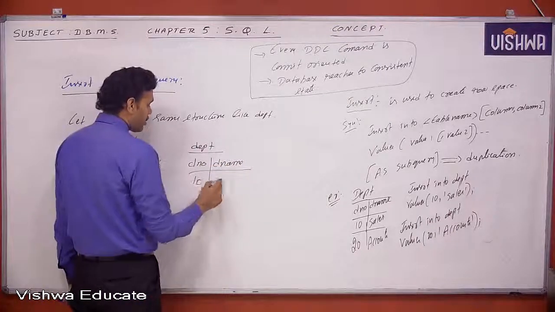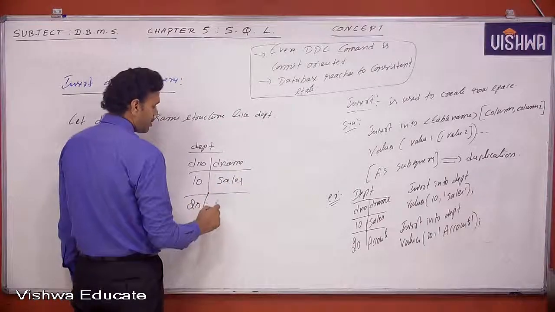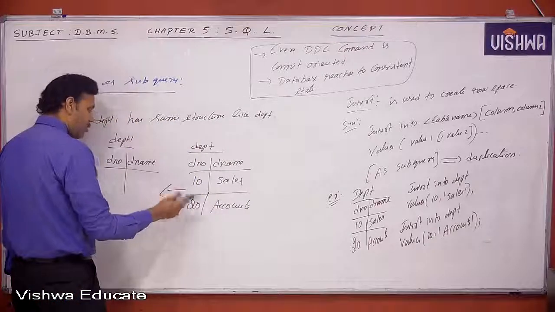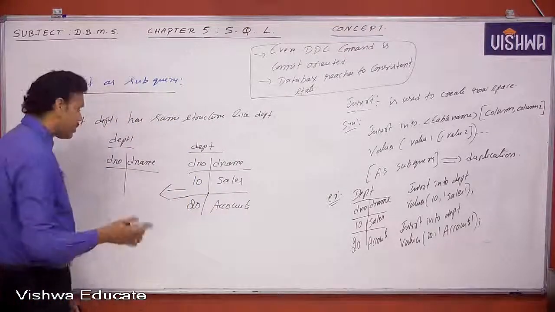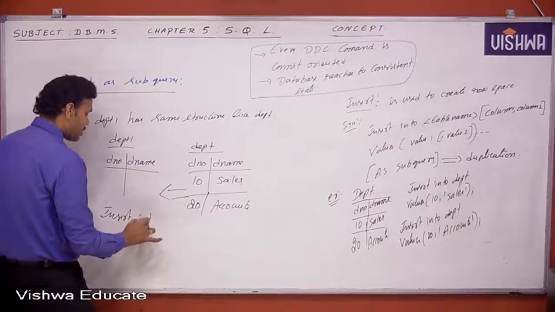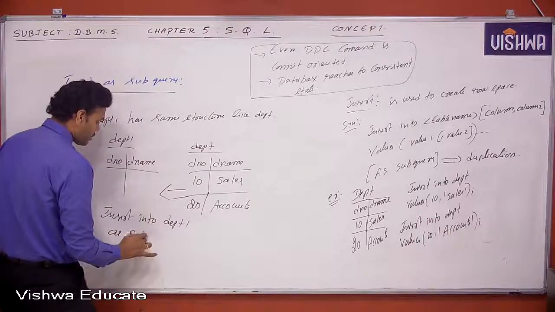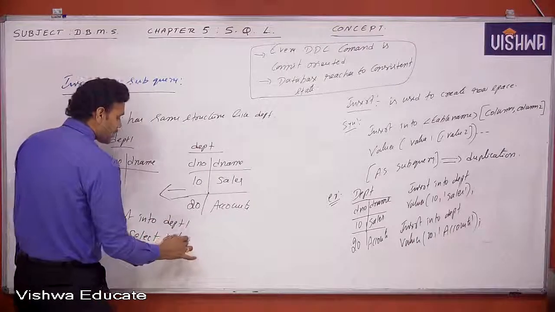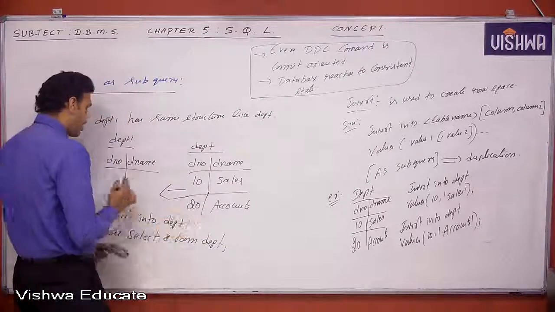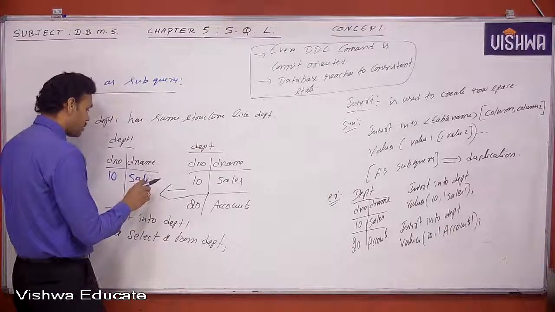DEPT has 10 sales and 20 accounts. This data I want to copy into DEPT1. So how to do it? Insert into DEPT1 as select asterisk from DEPT. That's it. Here the entire data is copied.